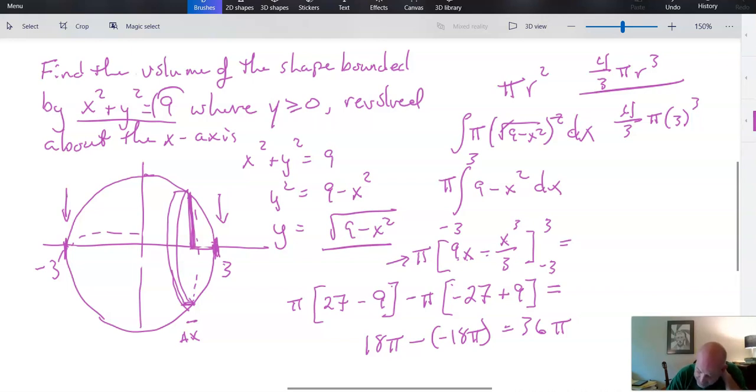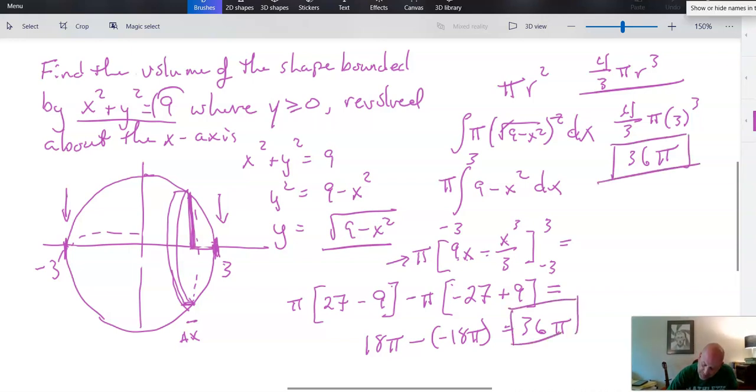So let's see here. That's 27 divided by 3 is 9. 9 times 4 is 36 pi. There we go. I was doing a subtraction in there instead of a division for some reason. So yeah, we do have the correct answer here. But again, this is all about the setup and getting used to setting things up like this.